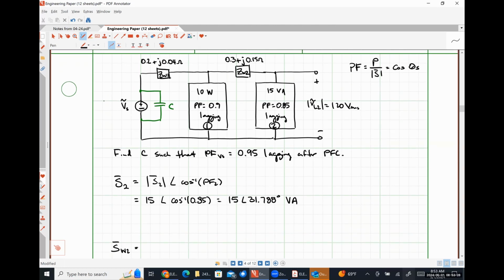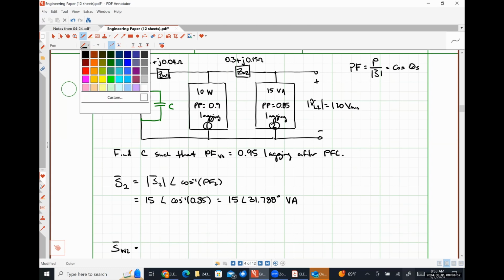I would need to know either the voltage drop across that load or that impedance or the current flowing through that impedance. Based on the information that we have been provided, the only thing I could figure out would be the current because I don't know what my source voltage is or anything really to the left there, right?